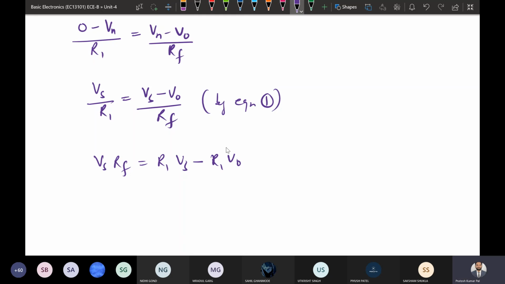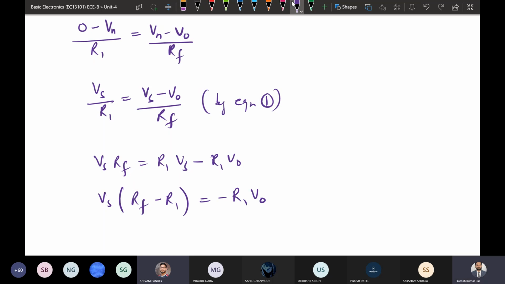So it will be like Vs Rf minus R1 Vs is equals to minus R1 V naught.